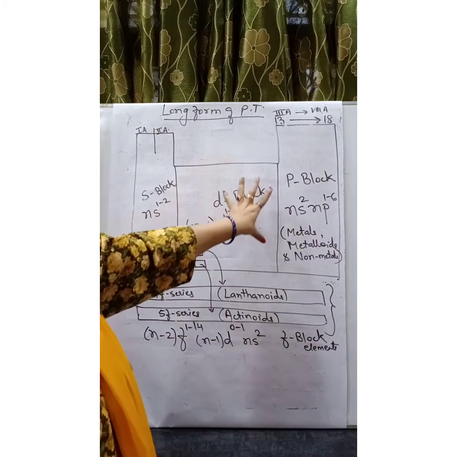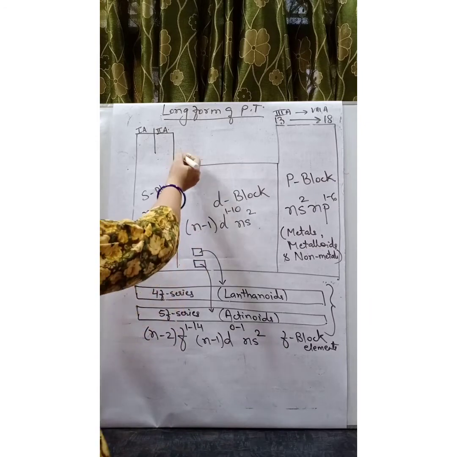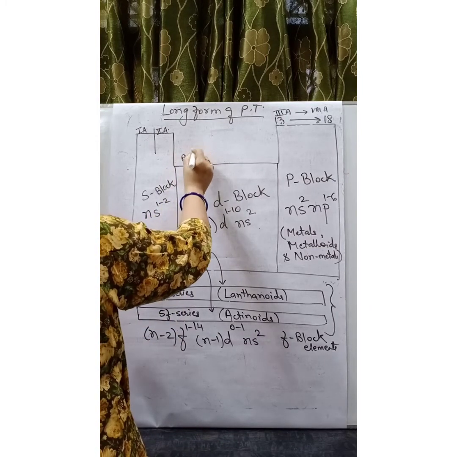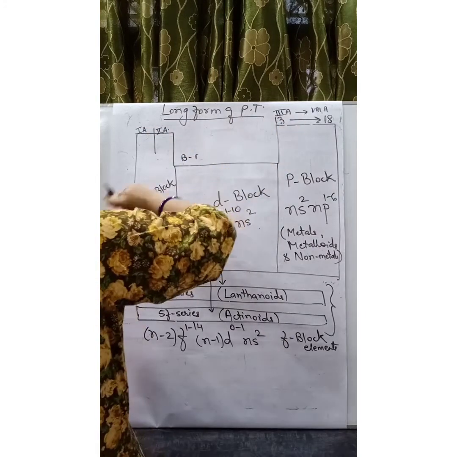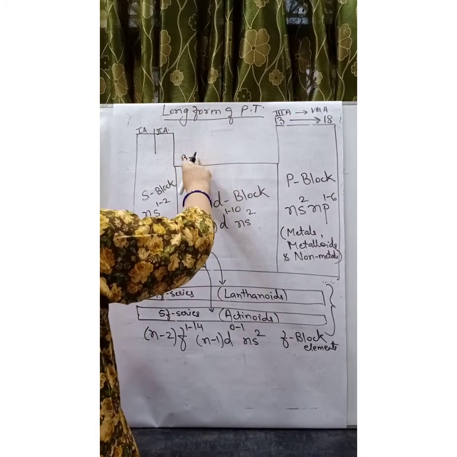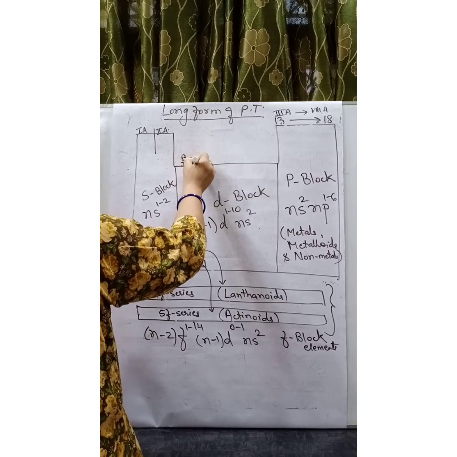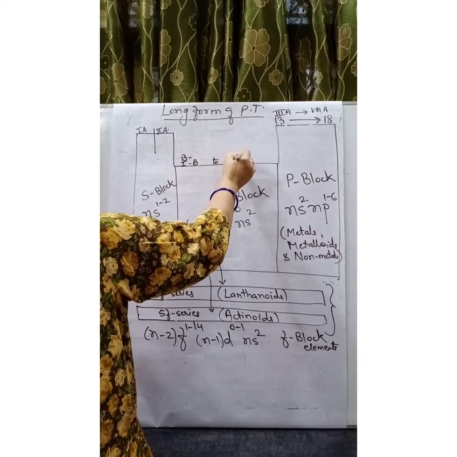In the center of the periodic table we have elements of the B block. We can say they are A, and we can say B block elements 1B to 8B.